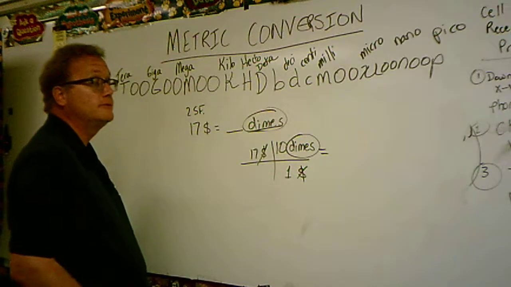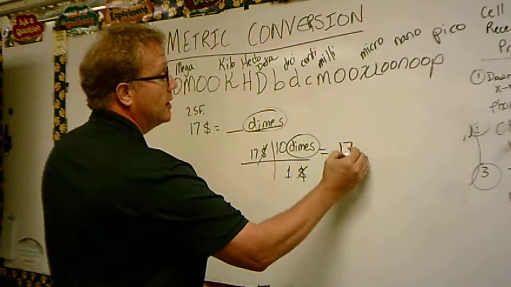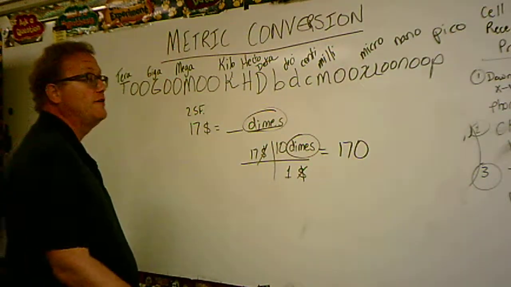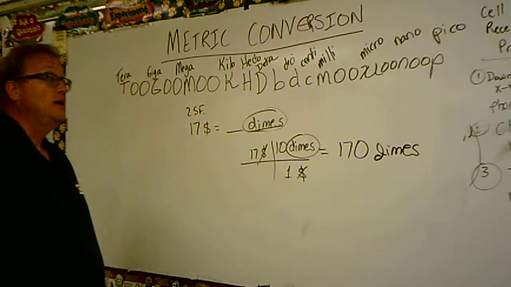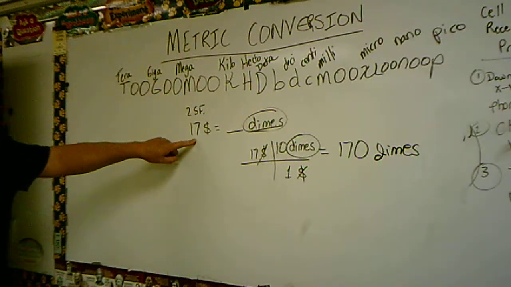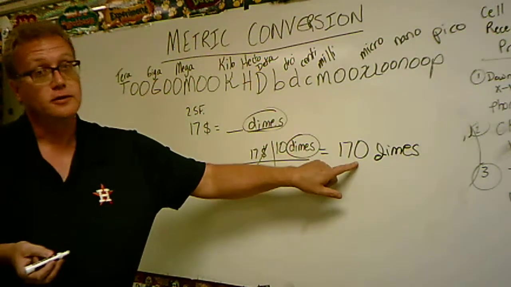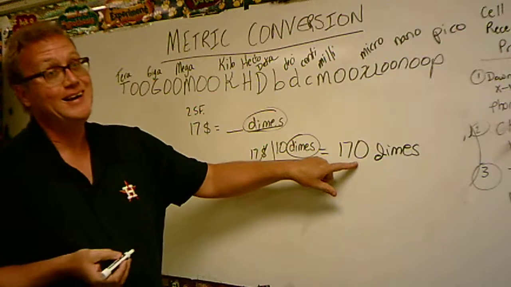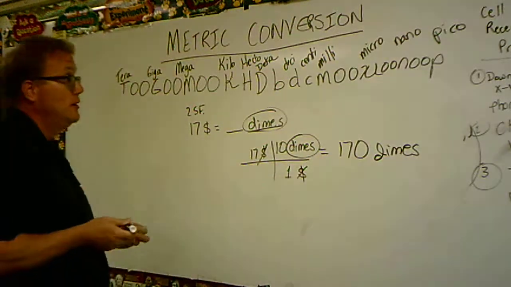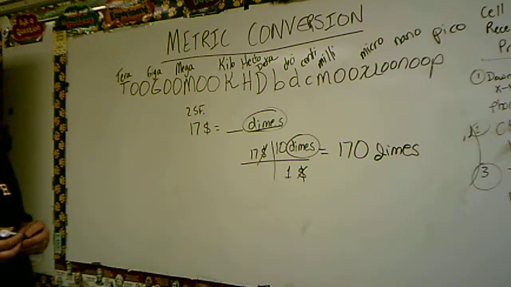That's what I want. Calculate. I have 170 dimes. And look at how nice it came out, because this is 2 sig figs and this is 2 sig figs, because trailing zeros do not count. This is how it works with money.